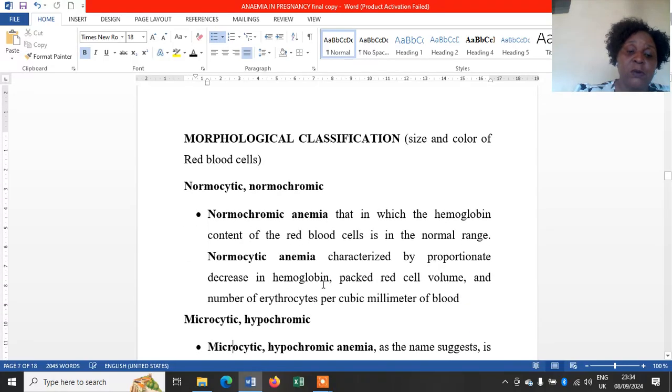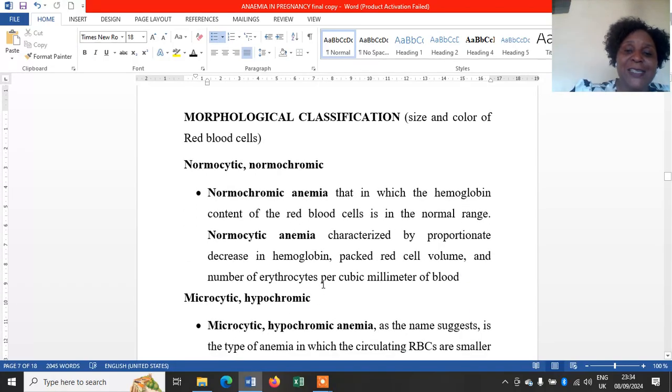So, when we go to the morphological classification of anemia, we said that with morphology, we basically look at the size and the color of the red blood cell. So one morphological classification is normocytic, normochromic.